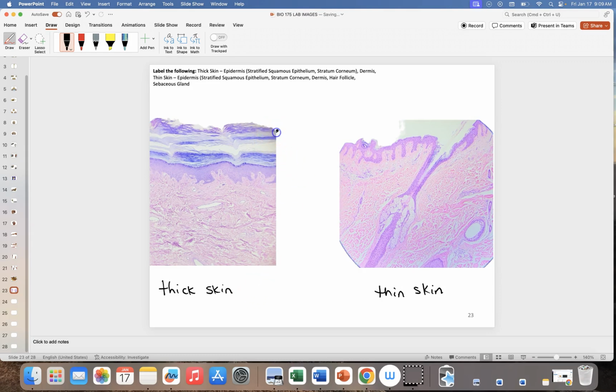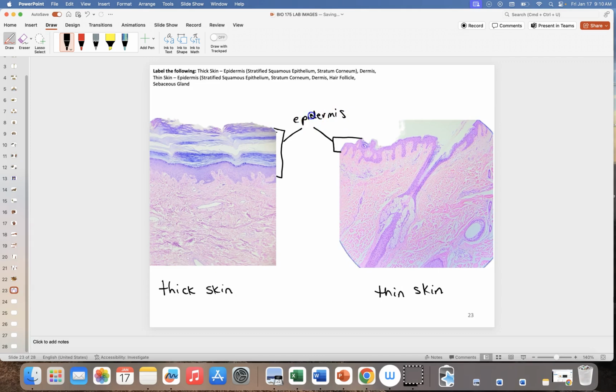The epidermis is our superficial layer of the skin. So here we have the epidermis on thick skin versus thin skin. Both of these top layers here are going to be the epidermis.